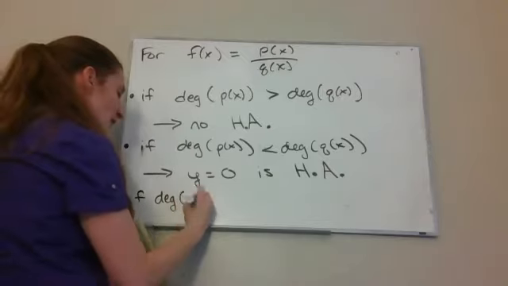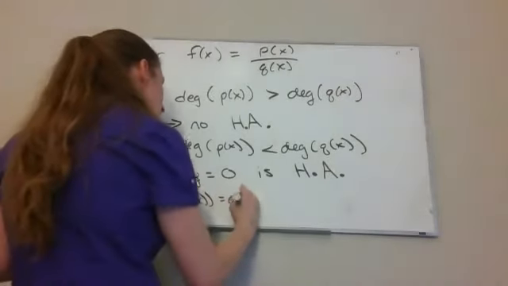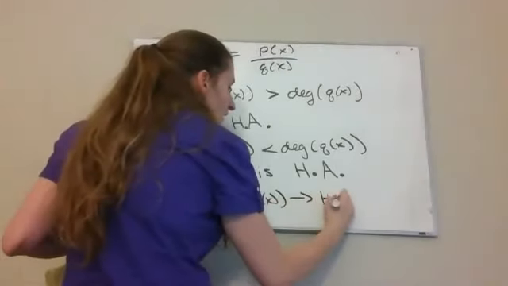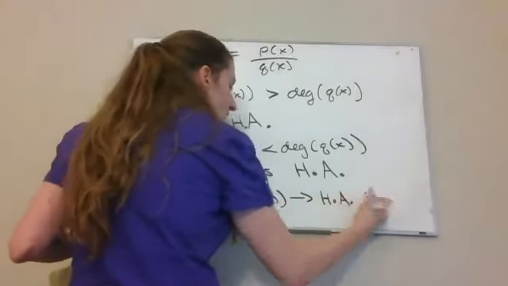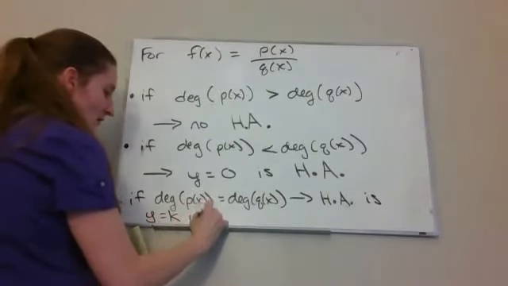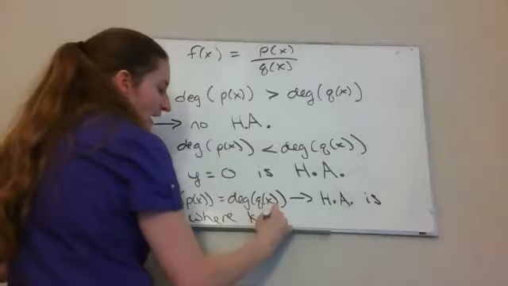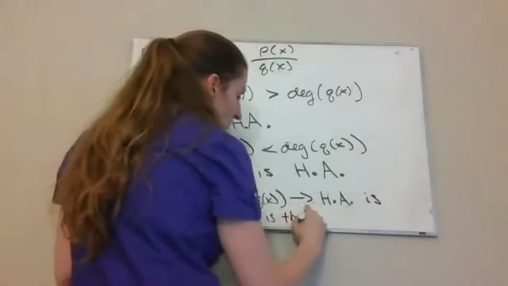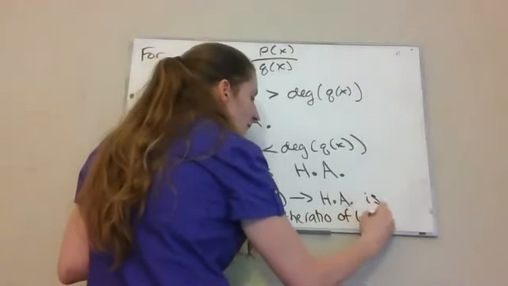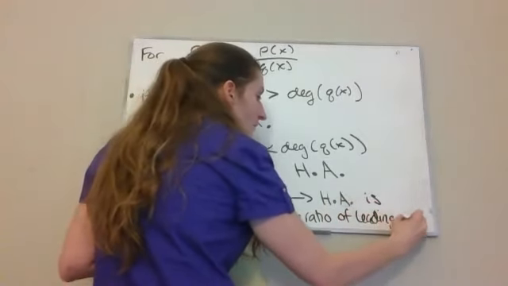If the degree of p of x equals the degree of q of x, that means the horizontal asymptote is y equals k, where k is the ratio of the leading coefficients.